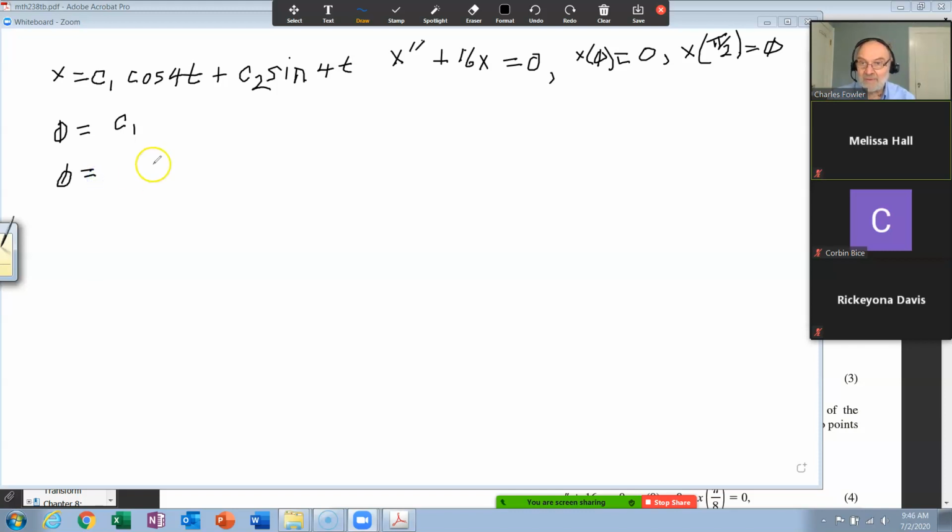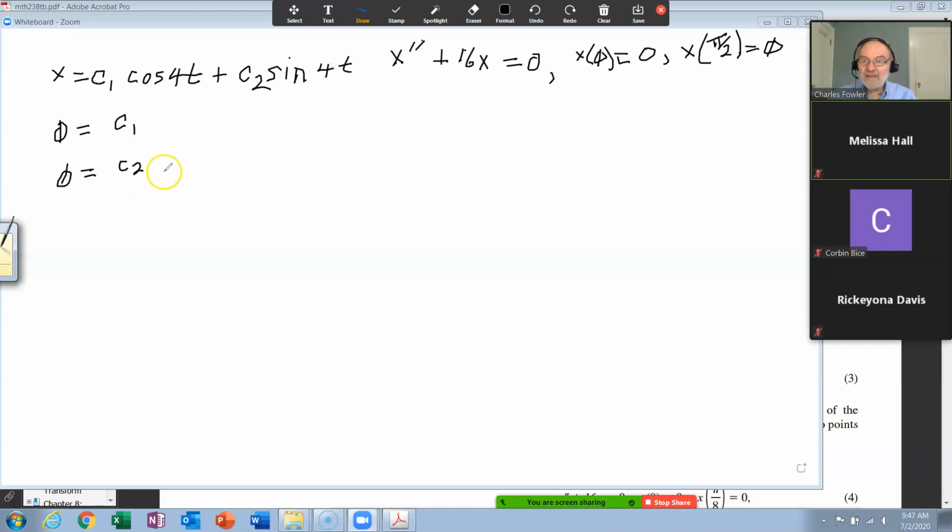That would equal, we already know C1 is 0, so we won't even write that down, C2 times sine of 4 times pi halves. When t is pi halves, multiply pi halves times 4, and you get 2 pi, right?